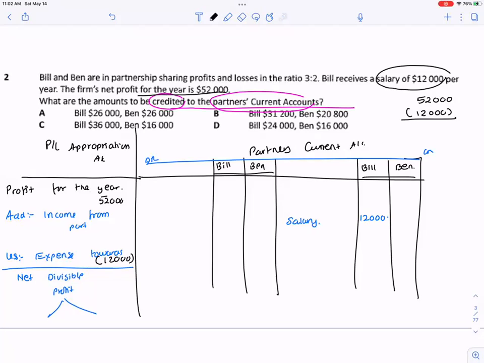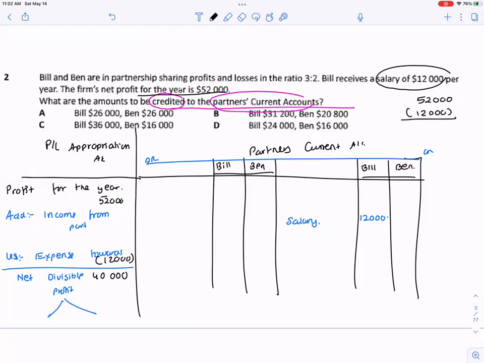See over here, profit for the year is 52,000. That is why it is very important that you know the format. From that, you're giving salary 12,000. So what is the net divisible profit? 40,000.